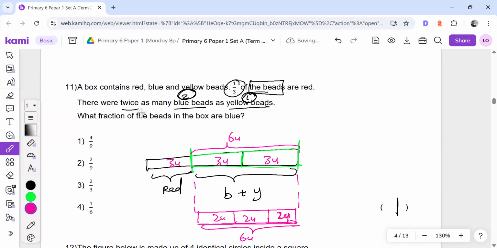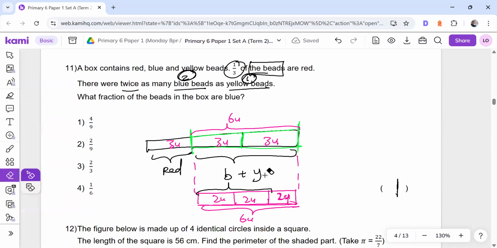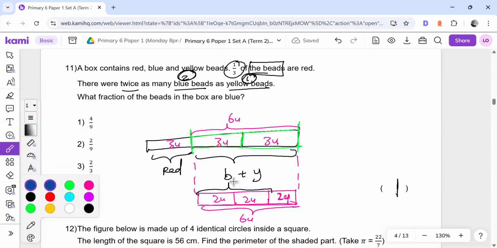There were twice as many blue as yellow. So twice as many blue. Remember, this is your blue. Let me just write nicely. So this is my blue. This is my yellow. There were twice as many blue as yellow. That's why you have 2 boxes of blue, 2 boxes of blue, and 1 box of yellow.